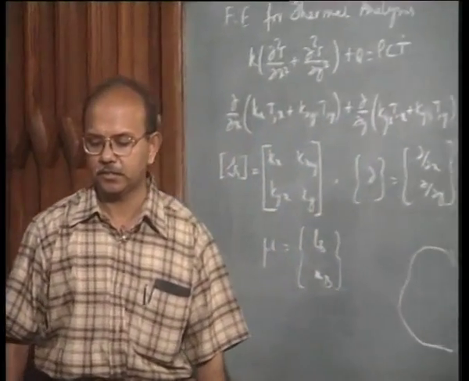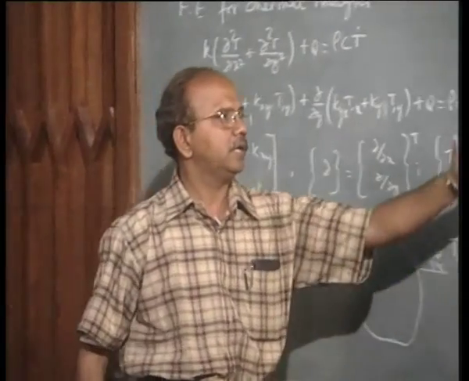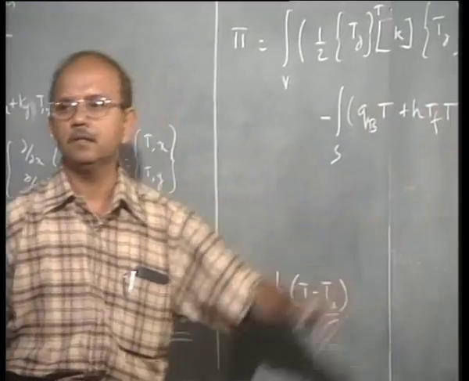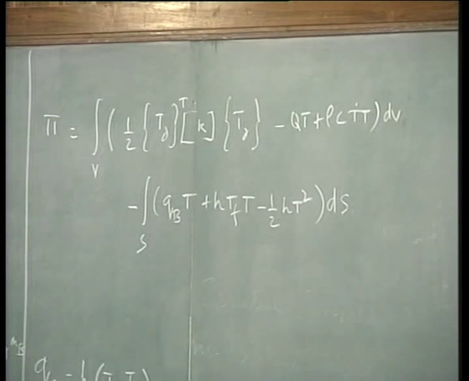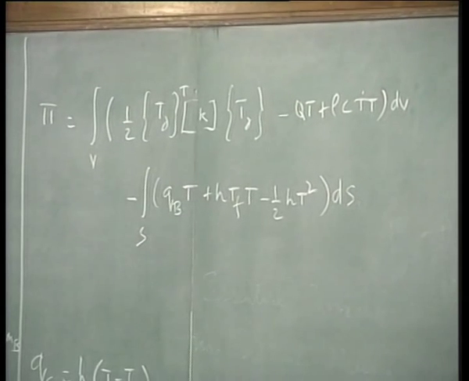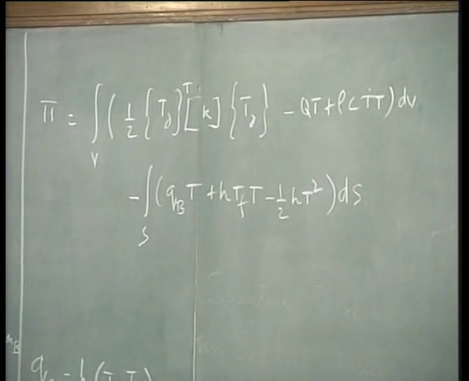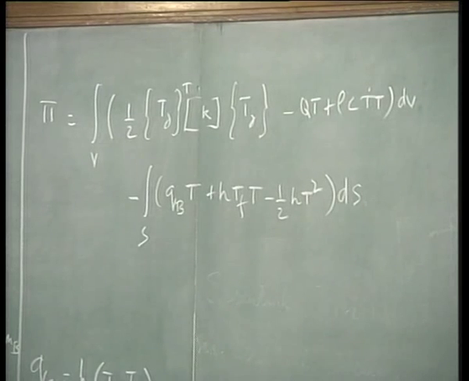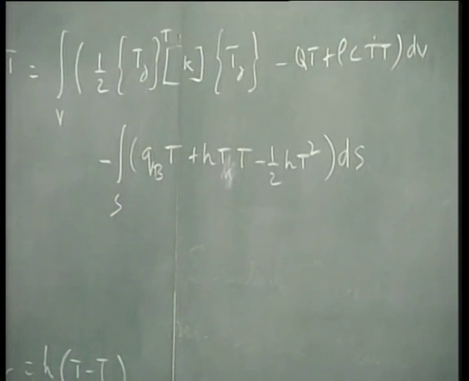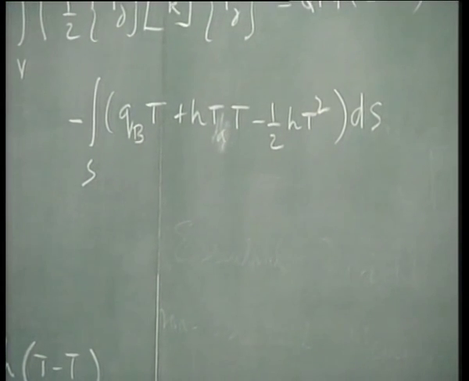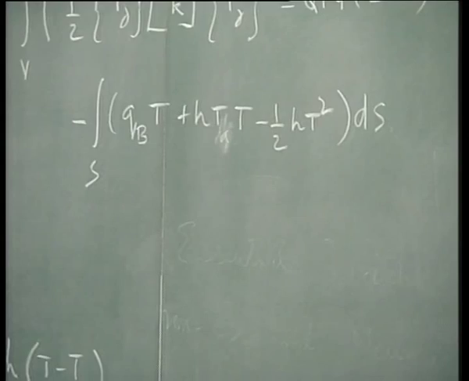But let us just say this is the functional that we are going to use. It consists of all the terms that you want, and Tf is the fluid temperature, or Ta, and so on. All types of boundary conditions are covered, in the sense that both Qc and Qb are there.